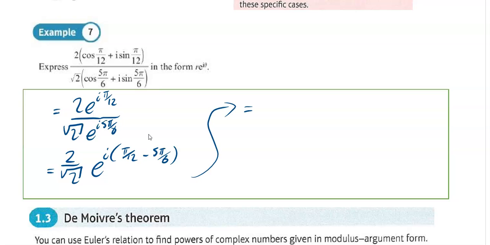Bit of a mess here, but if we go across, 2 divided by root 2 is very nice, it's just root 2, and then if you just do that on your calculator, you're going to get minus 3 pi over 4 i, and that is it.